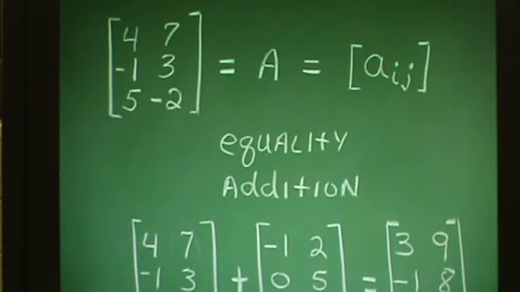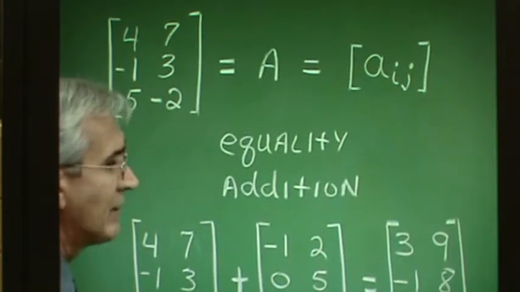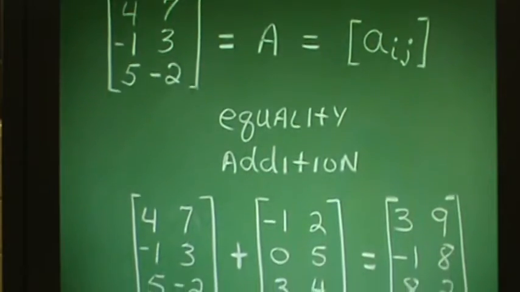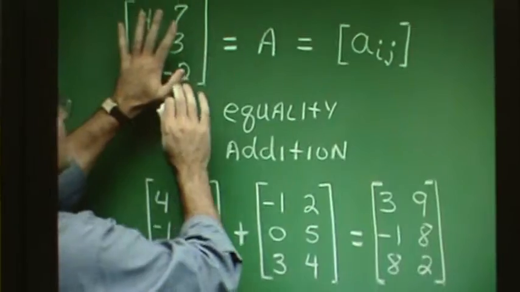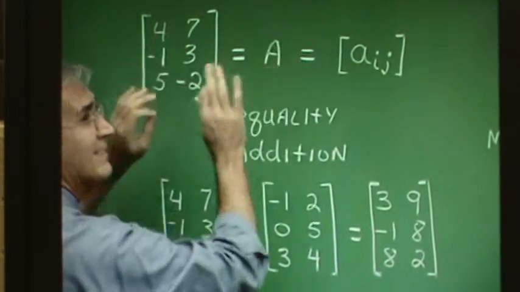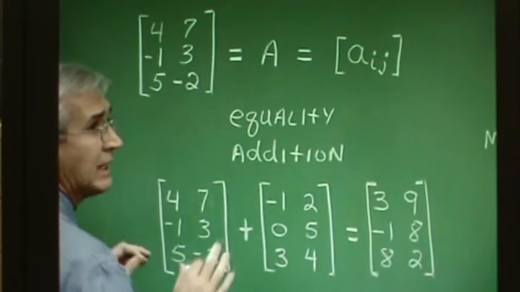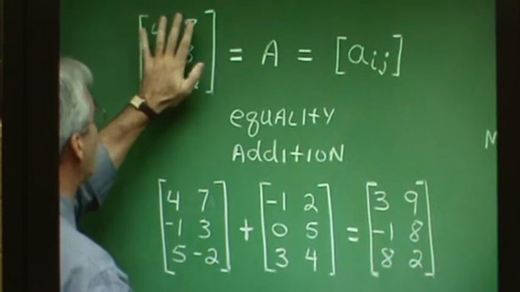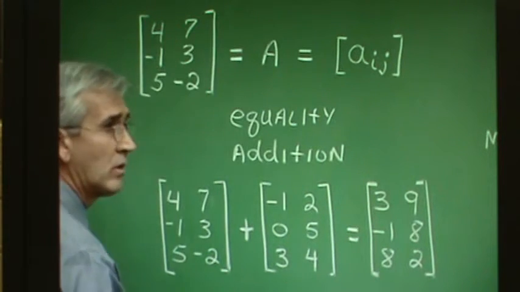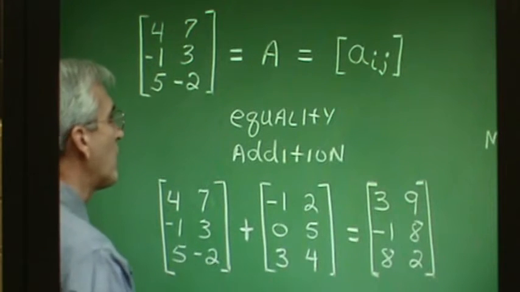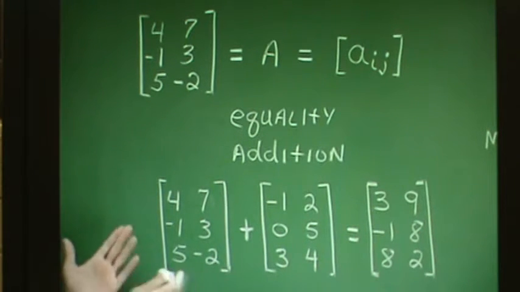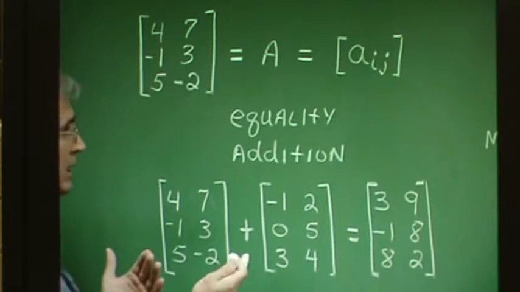Now the notion of equality and the notion of addition are just about exactly as we would expect them to be. Equality occurs when the entries in a second matrix are exactly the same as the corresponding entries in the first matrix. So we would have another one that looks just like this, and therefore the matrices would be equal. The idea of addition is about the same as we would expect as well, because all we do is add the entries in corresponding positions.